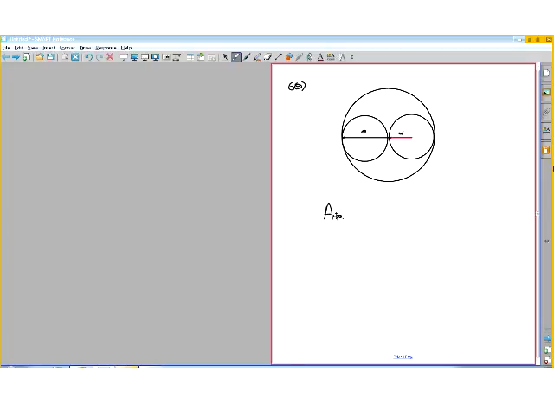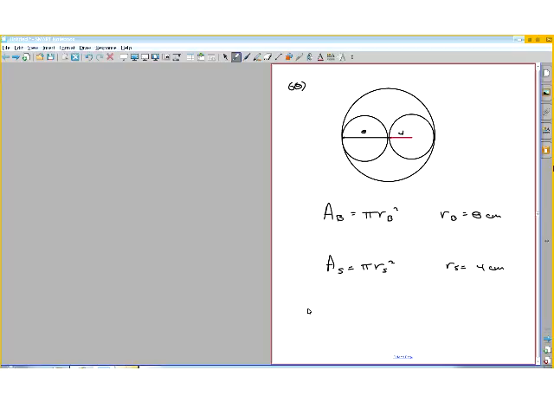So what we're going to have is the area of the big circle, we'll call it area B, is equal to pi R_B squared. And the area of the small circle is going to be pi R_small squared. And R big is equal to 8 centimeters, R small is equal to 4 centimeters.